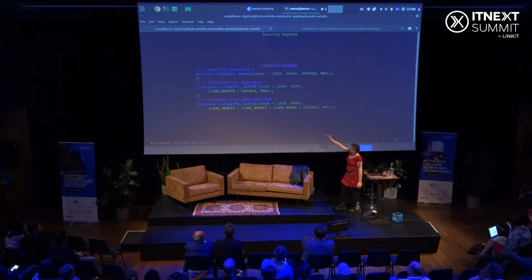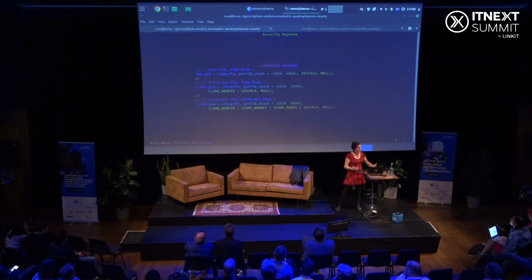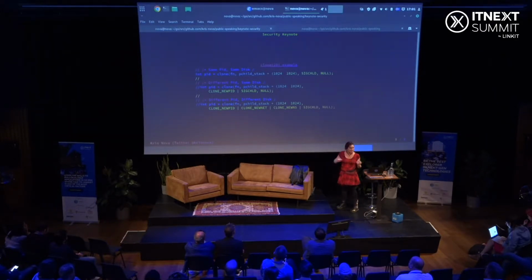In this example, we have CLONE_NEWPID and SIGCHLD. So in the second example, we are gracious enough programmers to not share the PID namespace with the child. So a PID namespace, again, remember everything has PID 1 to start, and then some number of other PIDs moving forward for every process. If we were to execute the second command, we would be effectively blind to anything running on the host system.